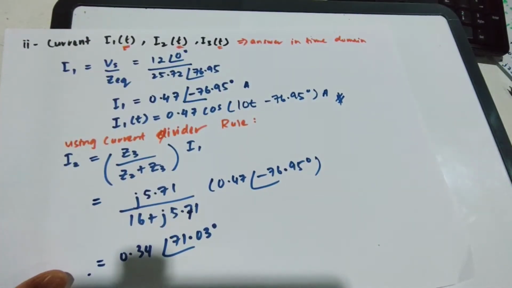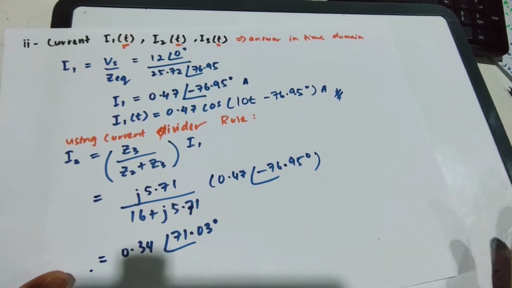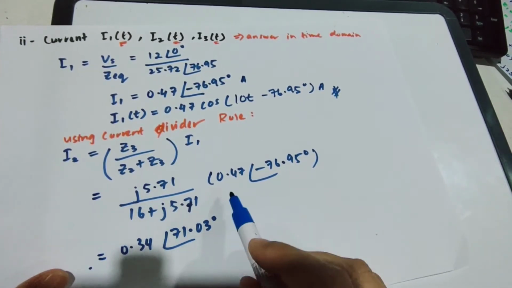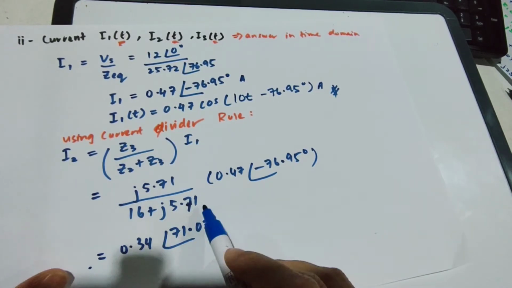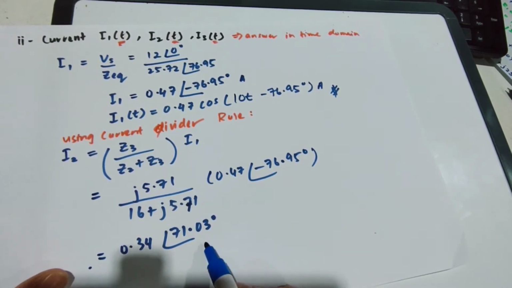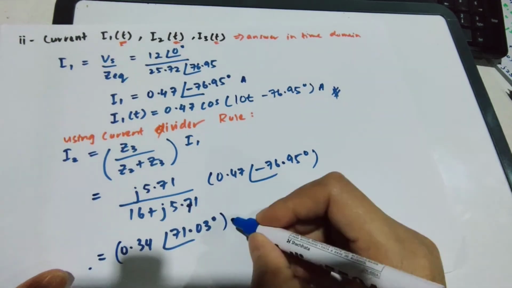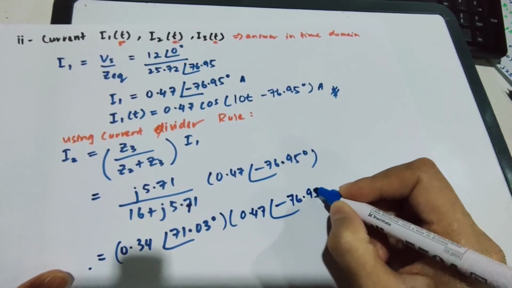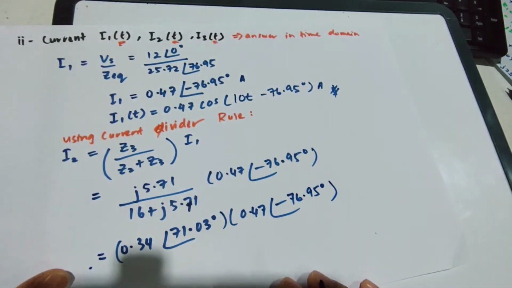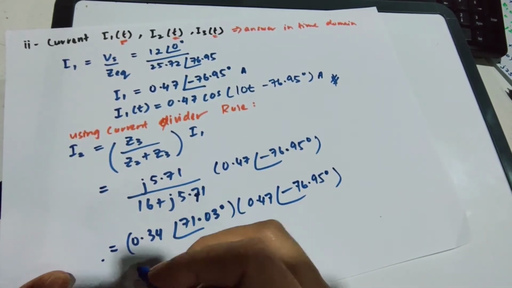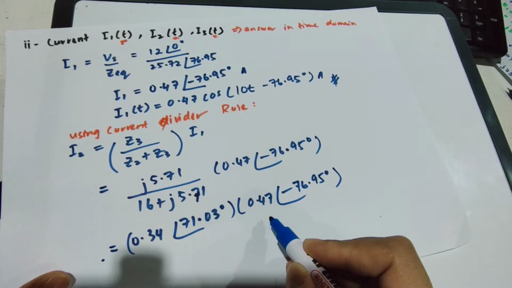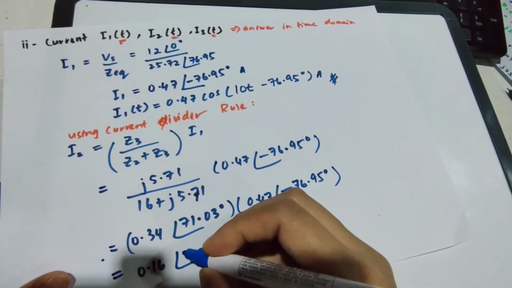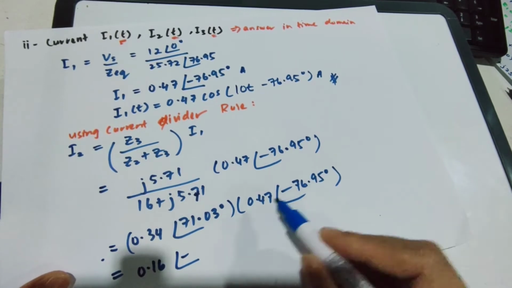I think I have shown lots of that kind of transformation, so you need to do it on your own: solve the complex number first, then change it to phasor form. Then times it back with this one, negative 76.95. Outside, we can multiply as usual and you get 0.16.